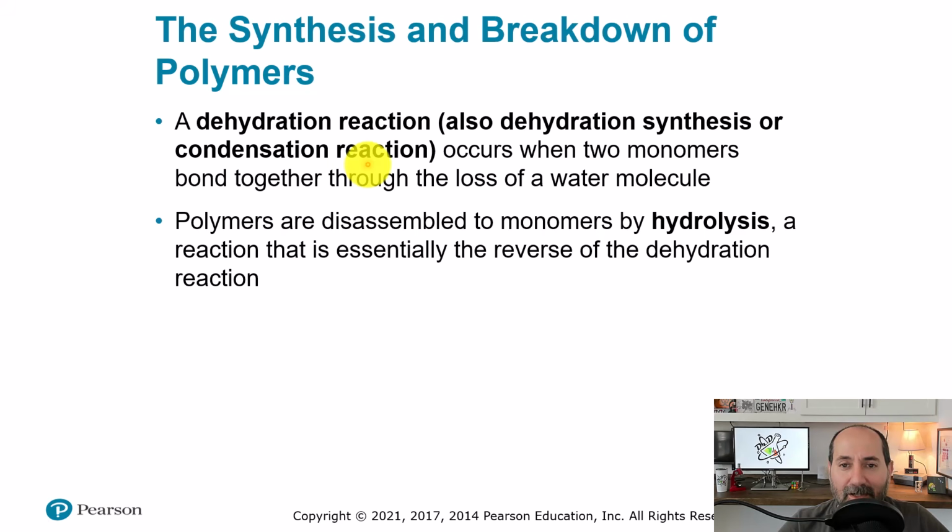This is the process by which the monomers for the macromolecules link together to form covalent bonds so that they can form polymers, okay? And the converse of that, the opposite of that, is hydrolysis. Hydrolysis is how these polymers are broken back down into monomers by breaking those covalent bonds between the monomers.